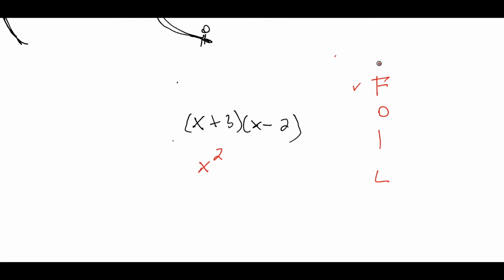Now we're going to multiply the outsides together. That's x and negative 2, so negative 2x. And we're going to multiply the insides together. Positive 3x. And we're going to multiply the lasts together. 3 times negative 2, that's negative 6.